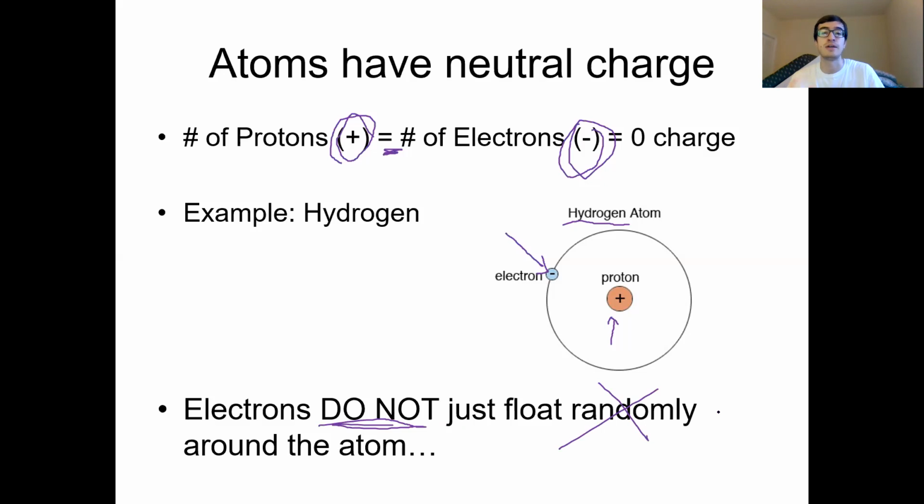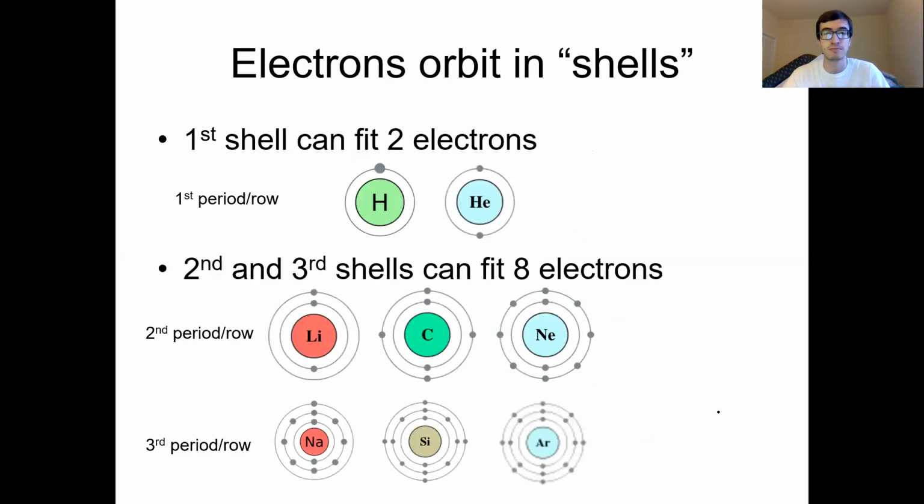Instead, they group together in certain rings, or what we call shells or orbitals, kind of like the rings around Saturn. So electrons orbit in these rings, or what are called electron shells. And there are rules about how many electrons can fit on each shell.